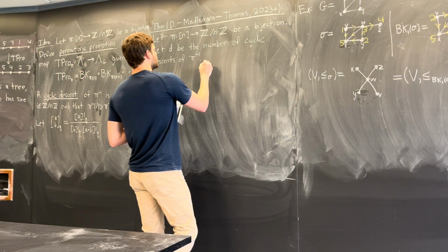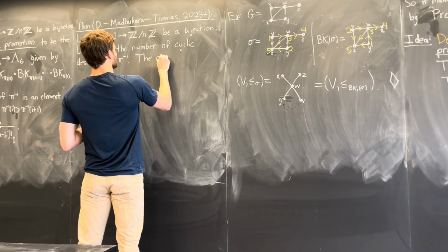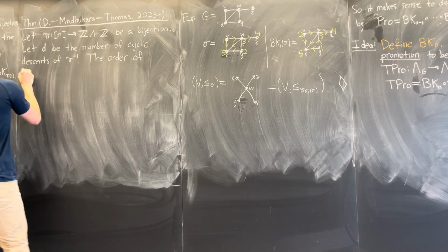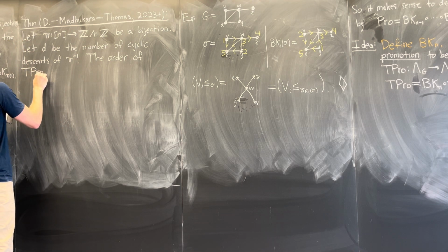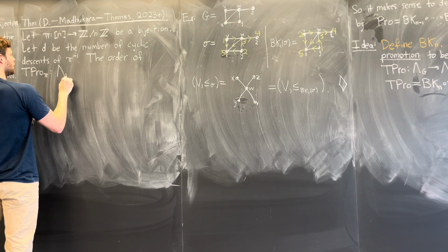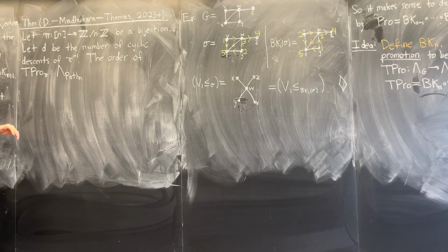So we showed that the order of T pro sub pi, so permutoric promotion, but we're looking at it on the path graph. It turns out that when you go from toric promotion to permutoric promotion, things get a lot more complicated. We don't know how to understand arbitrary trees like I did for toric promotion.